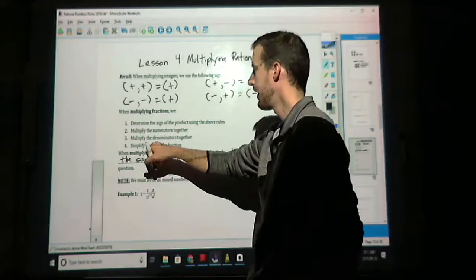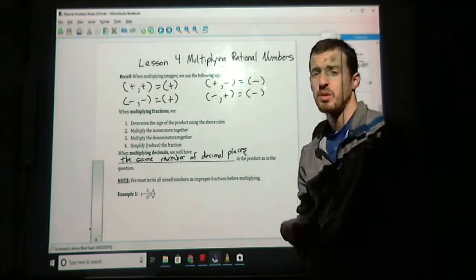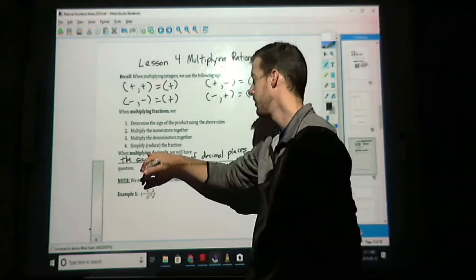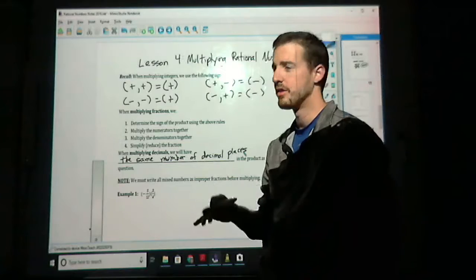So fractions are up here, decimals down below. And we're going to be able to use our calculator. That'll be extra help for decimals, and it might even help you with fractions a bit.